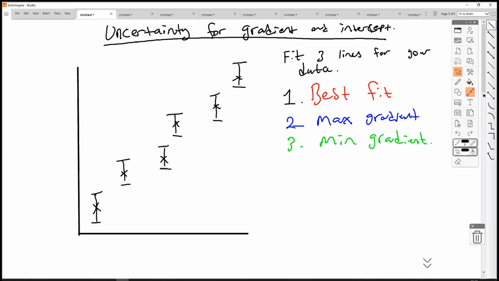So to fit the best fit, you're simply going to draw a line in a way that goes through as many of these points as possible, including the error bars. So what I'll do first is I'll try to draw a line, and then I will attempt to make it a best fit.